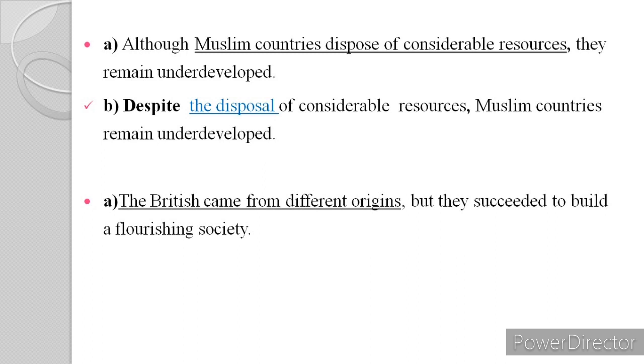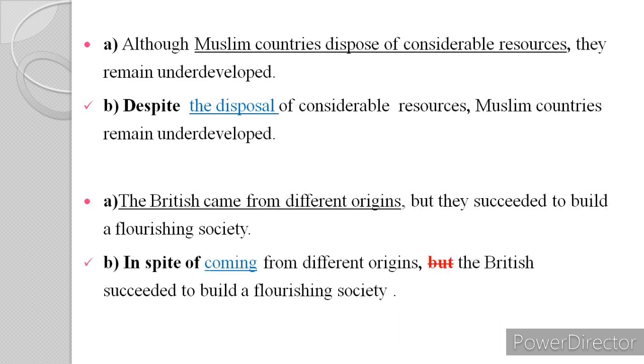We have the British came, the verb came, and you make it a noun, from different origins. And in the second sentence bring in the British. Think a little. Here the verb came we turn into a noun to make it a noun phrase. Then we use the British in the second clause.